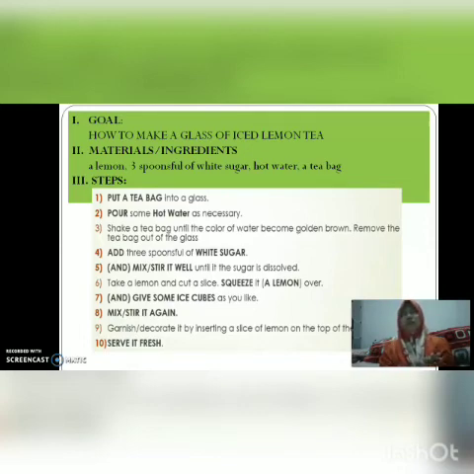If you give many ice cubes, the drink will be more frozen, more cold, colder than if you put fewer ice cubes. And then mix and stir it again.